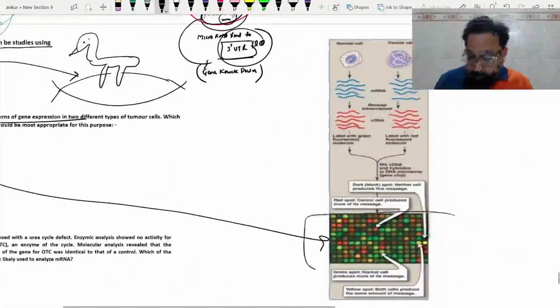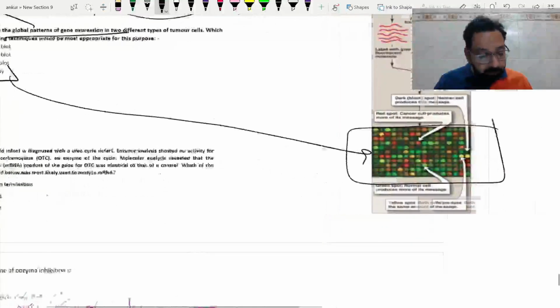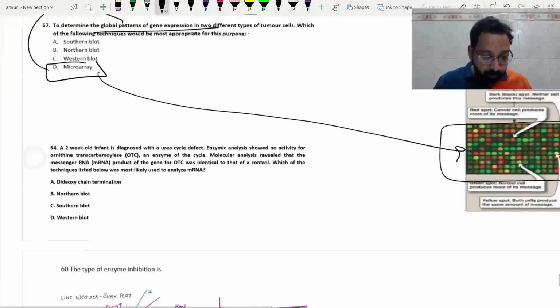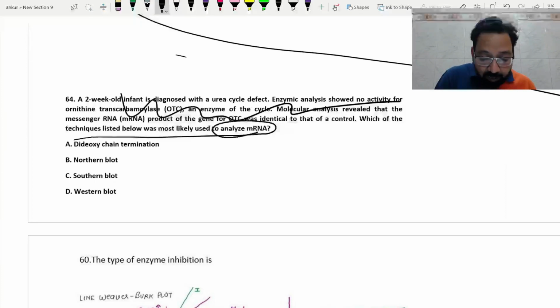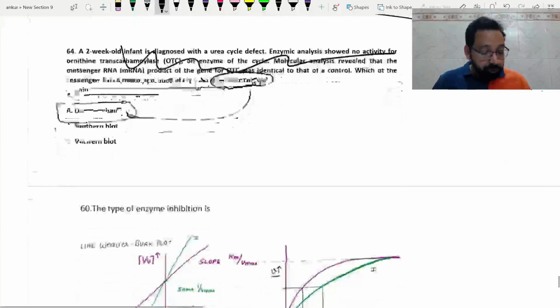This is DNA chip. Sometimes they may ask a picture MCQ. In this question, even if you don't read the question, just remember the technique listed below was most likely used to analyze RNA. For RNA analysis, which technique is used? Yes, RNA roti, Northern blot.